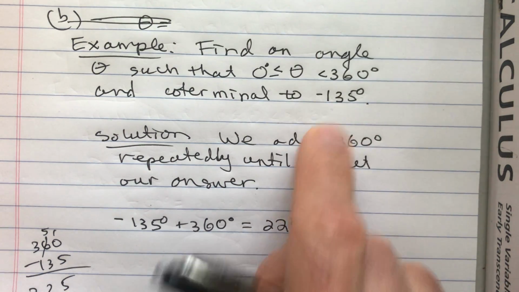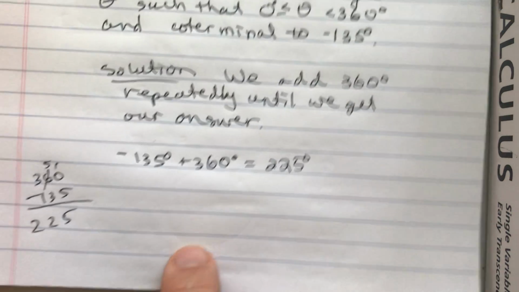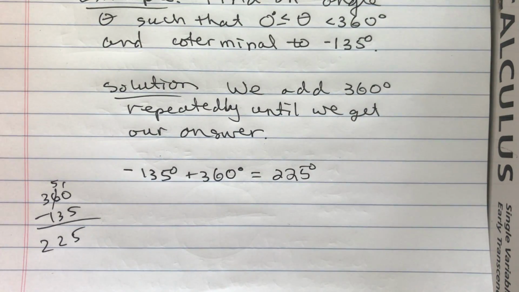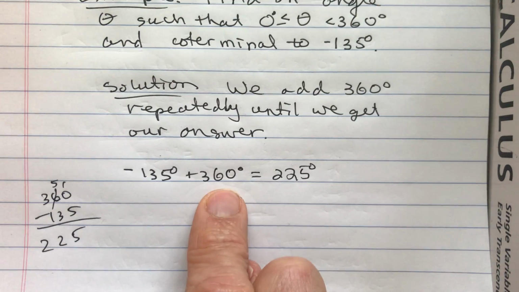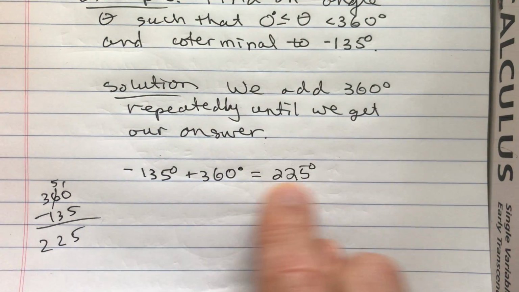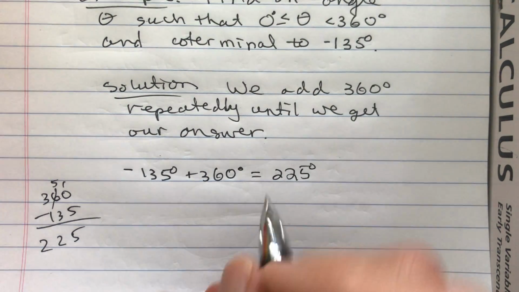So you'll get something like this, and then you add 360 degrees. It's a little bit tricky, and I don't even think it's worth the trouble. It's mostly playing around with numbers. So essentially what you do is you either add 360 or subtract 360 repeatedly until you get a number between 0 and 360 degrees.